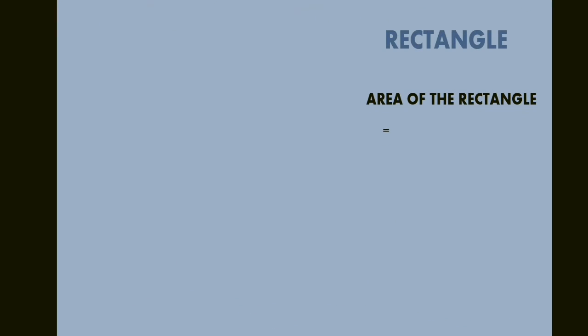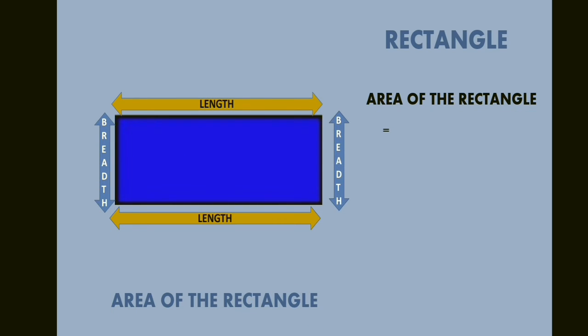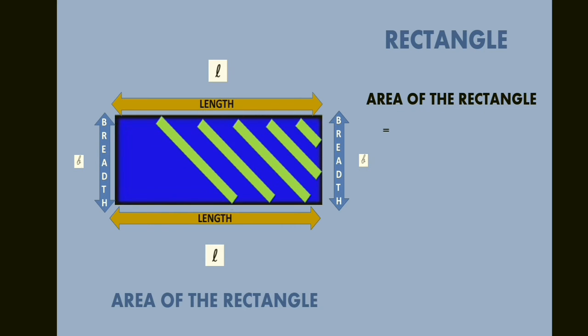Let us move on to the next shape, the rectangle. As we all know, in a rectangle, opposite sides are equal, and we call the horizontal side the length and the vertical side the breadth. We represent length as L and breadth as B. Now, for the area, we always focus only on the inner side of the shape.